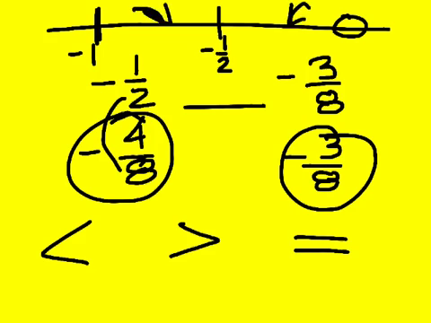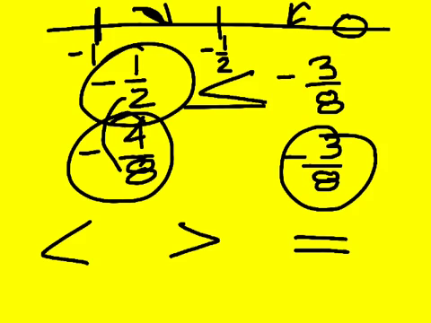Left side. The 0 side. It's closer to 0, which means it's greater than. And when a number is greater than another one, what side of the inequality is facing it? Is it the point or the mouth? The open side. So that's the sign you would put in. In other words, negative half is less than negative 3/8.